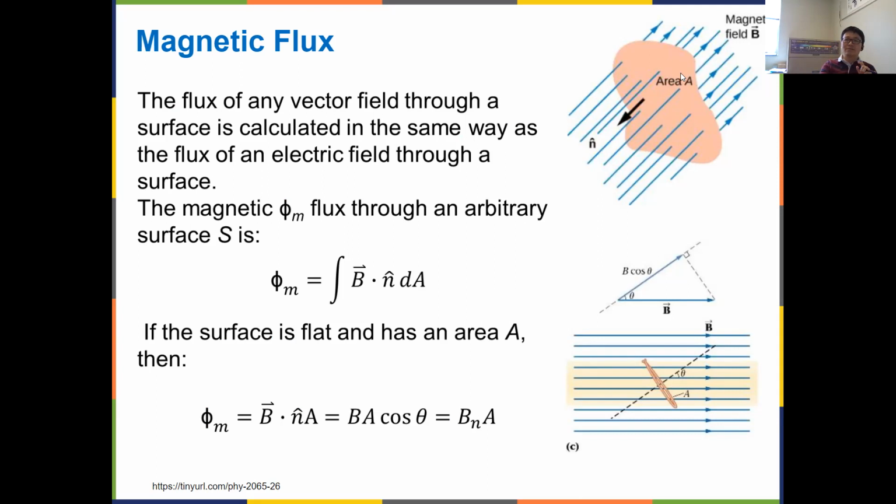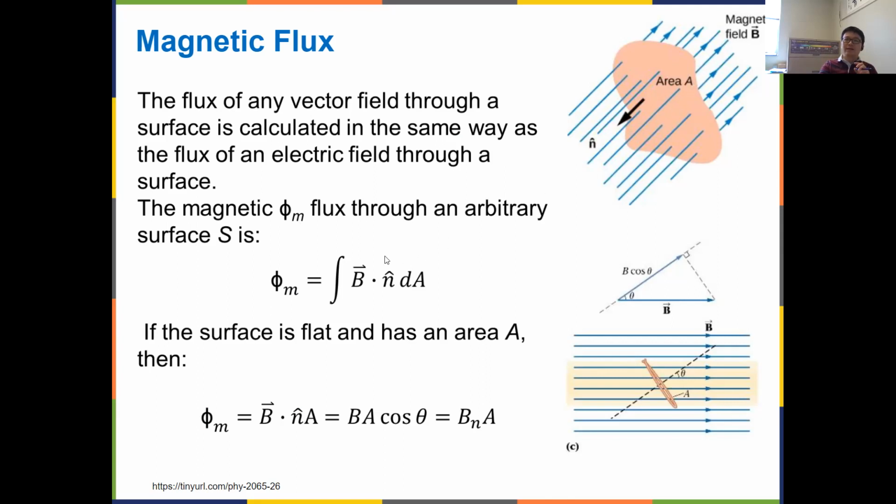Magnetic flux is a measure of how much magnetic field goes through a given area. In this case, we use the same symbol phi, but with the subscript m for magnetic. So magnetic flux, phi sub m, equals how much magnetic field goes through the area.